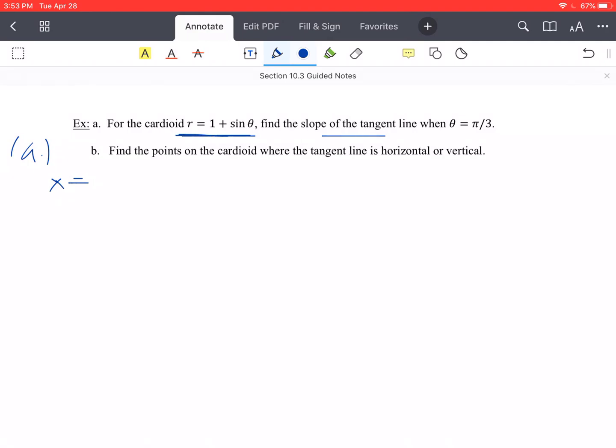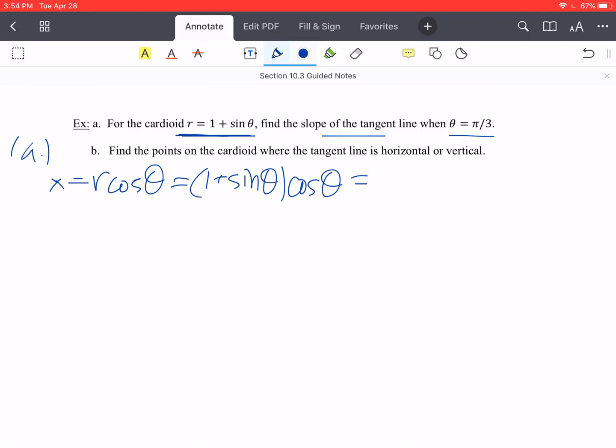Find the slope of the tangent line when theta equals pi over 3. So x is r cosine theta. So that's going to be 1 plus sine theta times cosine theta.